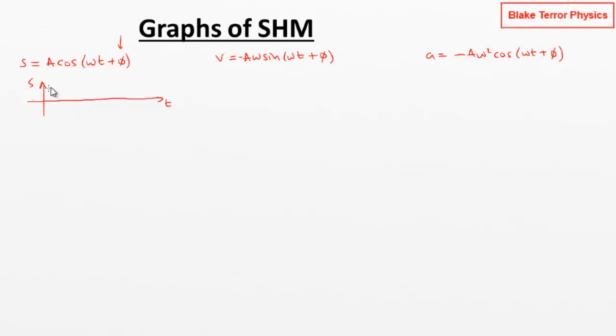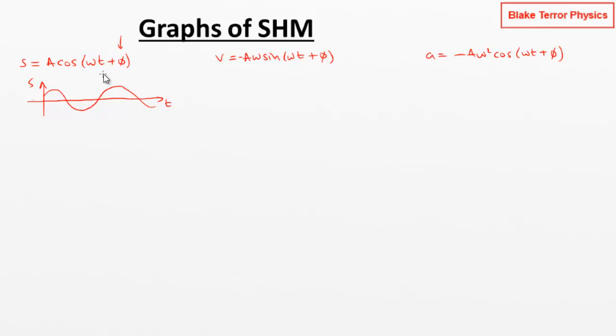So although we've gone cos, sine, cos on this, rather than sine, cos, sine, as we're moving from displacement to velocity to acceleration, it doesn't really matter because this phase shift can take care of any difference between cos and sine. So we can pretty much draw in whatever we want here, providing it's in our usual sine wave style. A little bit wonky, but you know what a sine wave looks like.